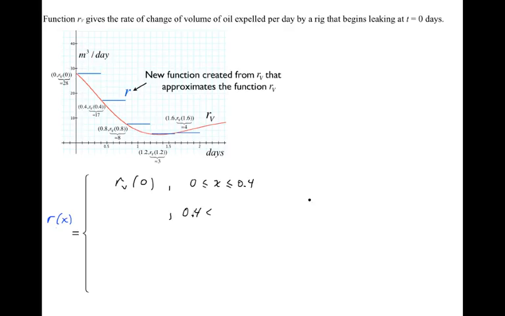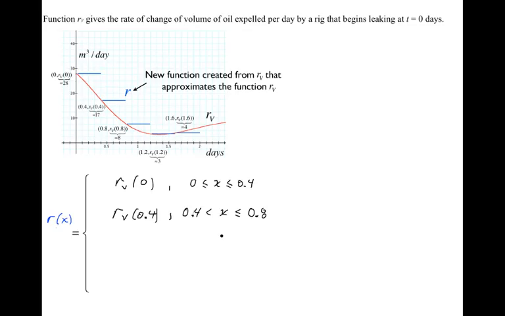So we're going to do 0.4 less than x, all the way to 0.8. That seems a little counterintuitive. We'll explain it later. But when we get past 0.4 is when we start with the new rate. And what is the new rate? R sub v of 0.4.